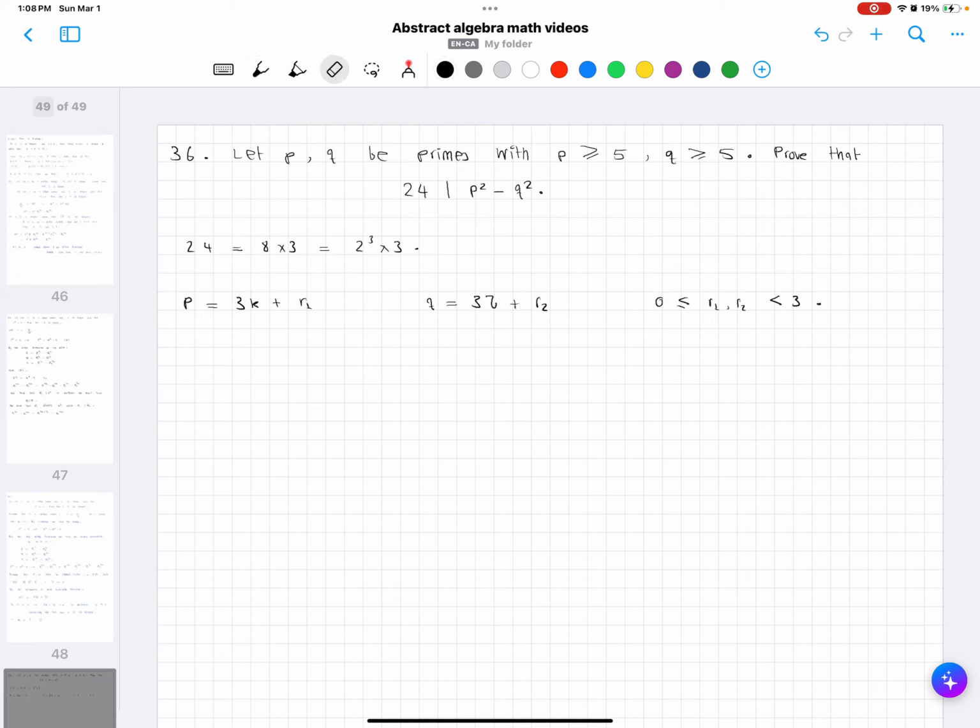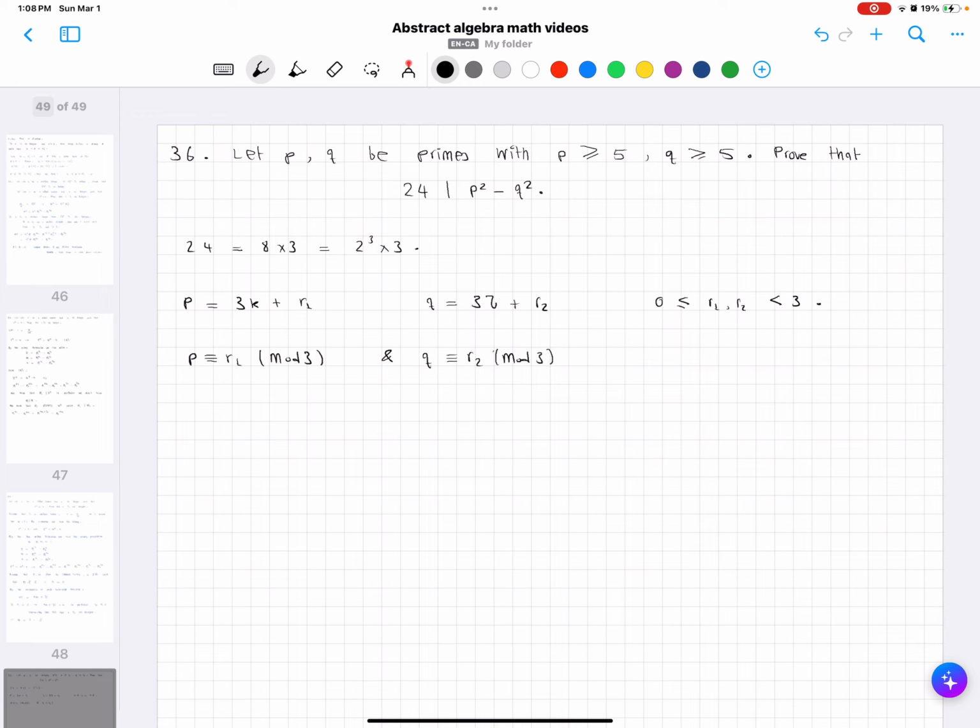Then we know that P is congruent to R1 mod 3, and also Q is congruent to R2 mod 3.